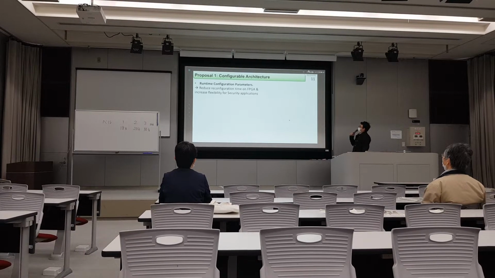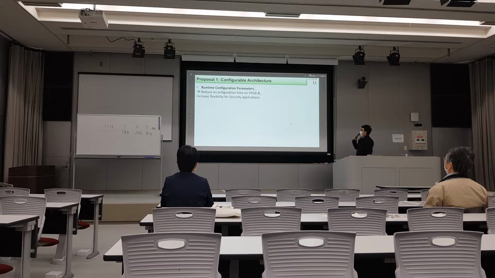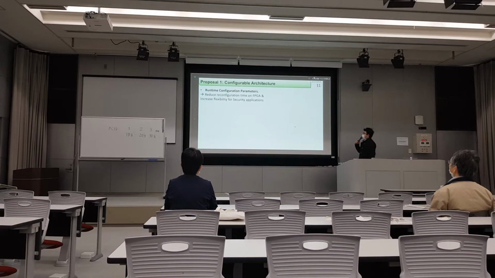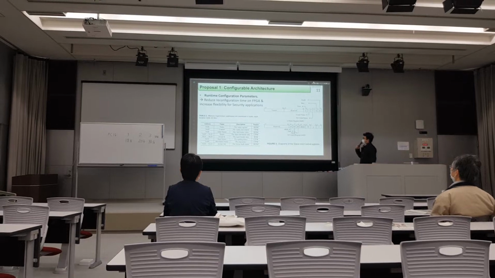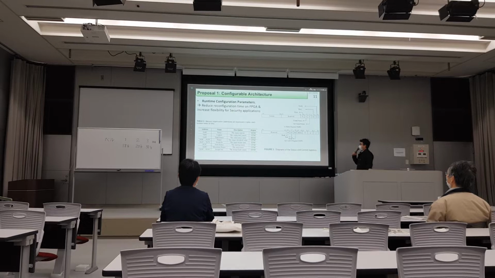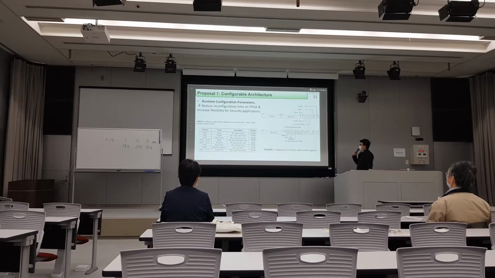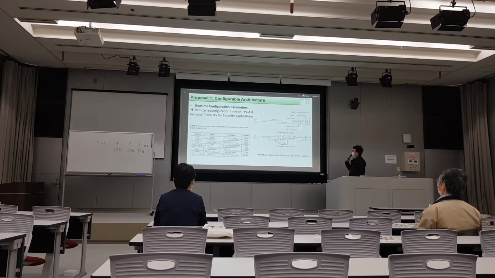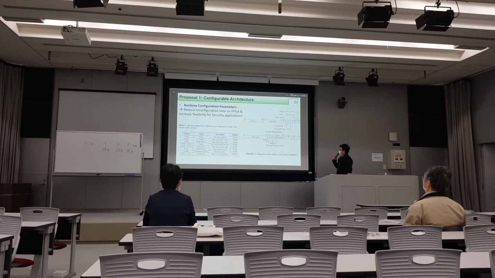About the proposals, the first proposal is called configurable architecture, with a runtime configuration parameter to reduce the configuration time on the FPGA and increase the flexibility for applications. This table shows the memory map for the configurable architecture.